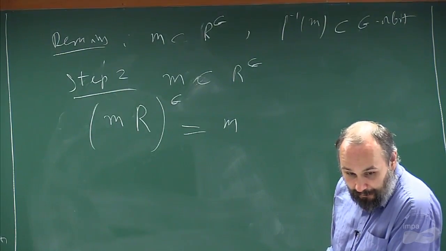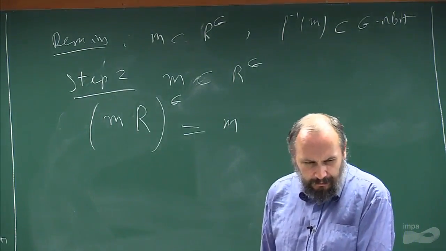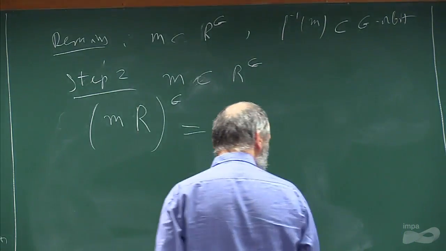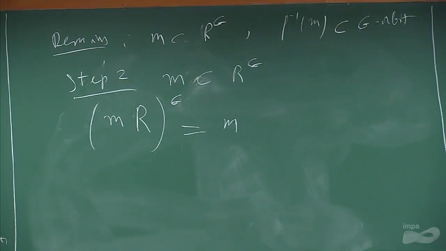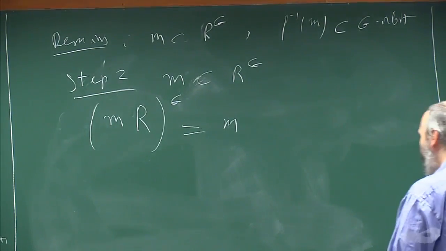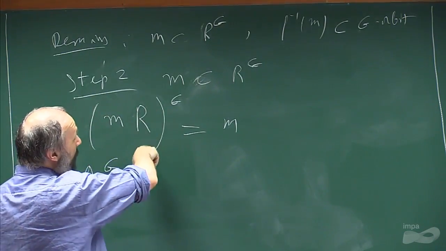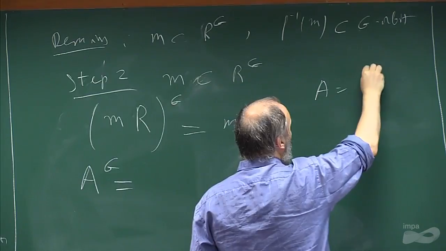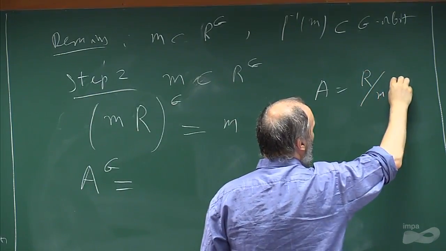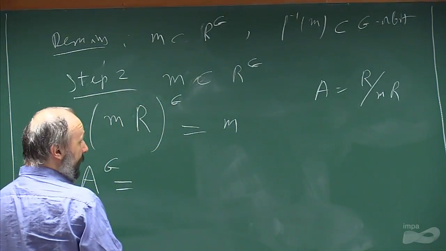Now you have the quotient ring, and you can describe the invariants in quotient rings in terms of the quotient of invariants. Now I'm applying this to A, which is R quotient by MR. This is a ring, and I'm looking at its invariant ring.